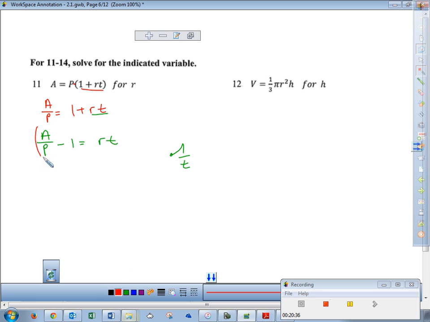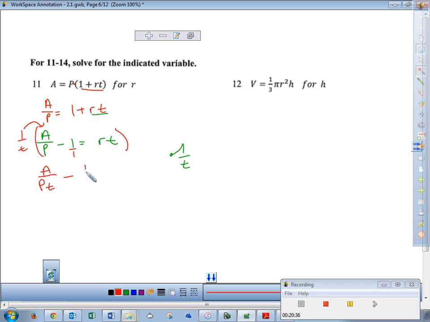So I'll show you the work on that if you want. I want to multiply everything by 1 over t. Cool. If I multiply, this is a fraction times a fraction. Numerator times numerator, a. Denominator times denominator, p times t is pt. Minus, make this a fraction.